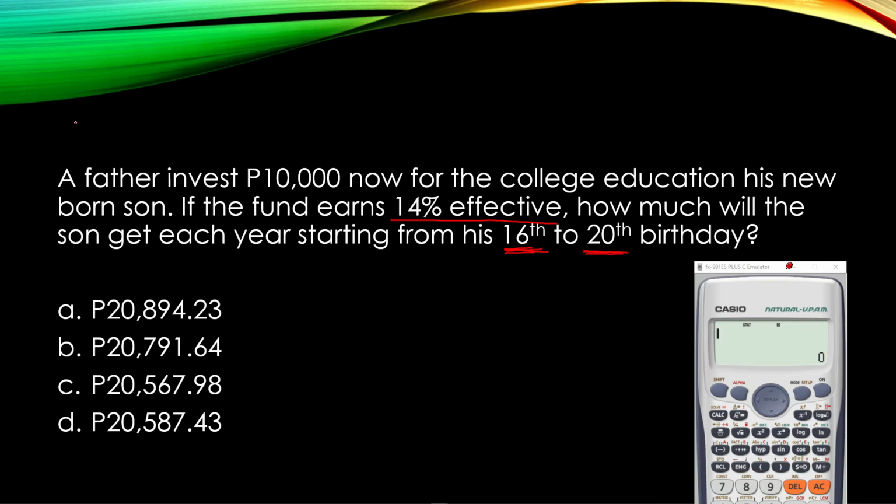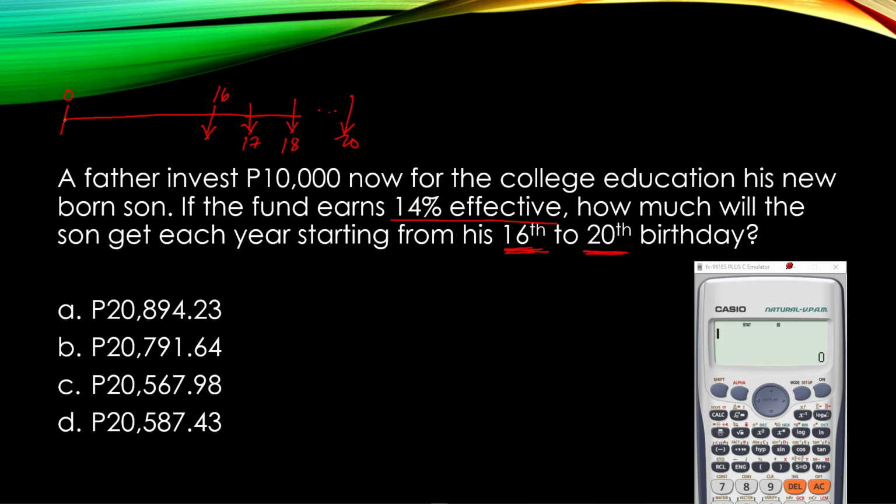So, kumbaga, yung cash flow natin, ganito yung mangyayari, no? At time 0, tapos, at time 16, dito pa siya magka-cash out. 17, 18, up to 20. Okay, so ganun yung nangyayari.